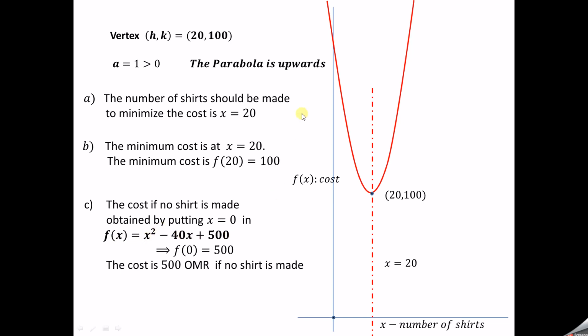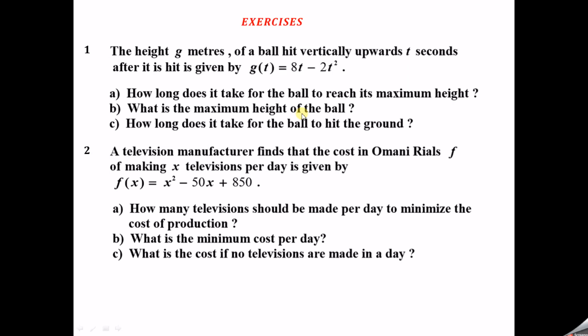So this is how you find the parabola, by finding the vertex and the shape. Thereafter you can answer real world situations where the relation between the two variables is a quadratic equation or quadratic function.